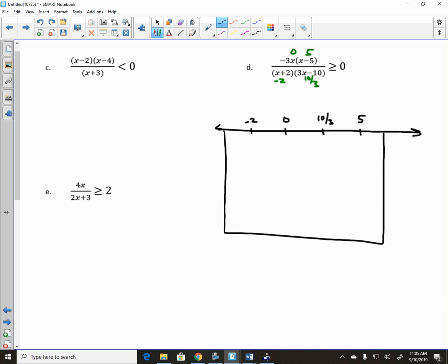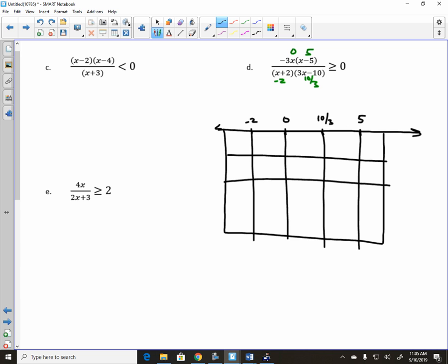So how many columns am I going to have? 5. How many rows? 4 is correct.